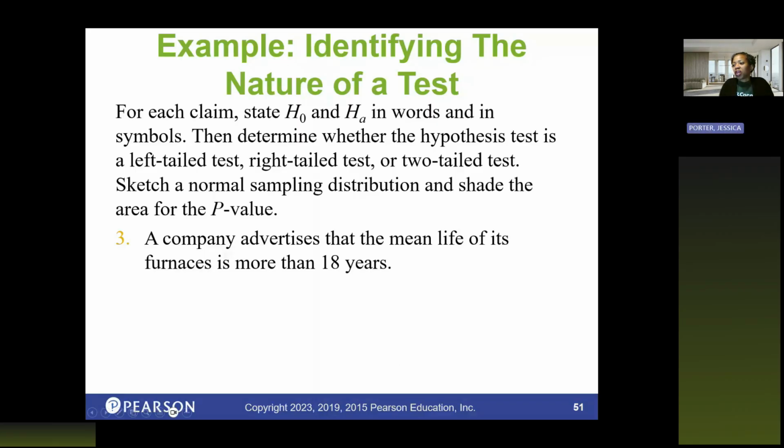Last one. A company advertises that the mean life of its furnaces is more than 18 years. Left tail, right tail, or two-tail?